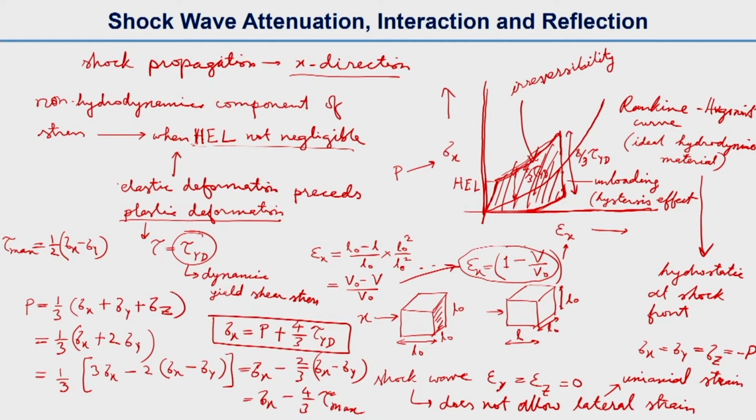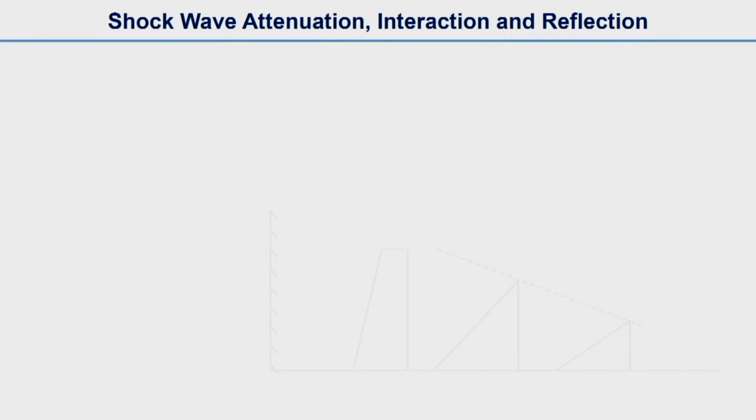What we discussed is that the Rankine-Hugoniot curve may not always look like it does for an ideal hydrodynamic material. If you consider the Hugoniot elastic limit, that curve can give us the irreversibility that is due to elastoplastic deformation. Let us discuss the attenuation of the shock wave, which we didn't discuss much earlier.